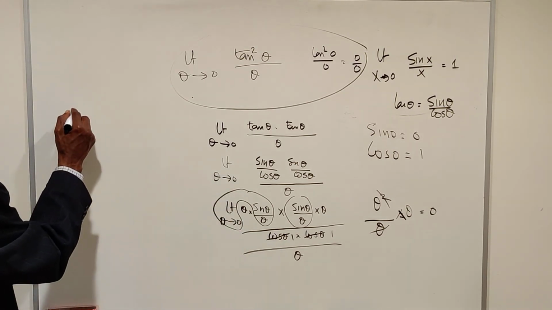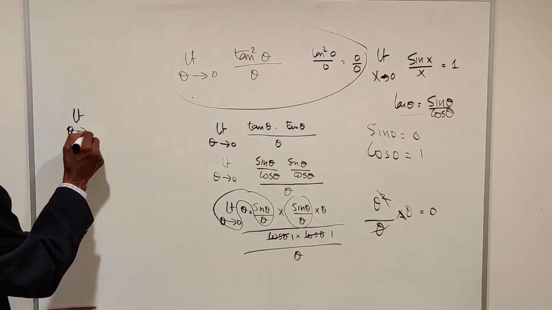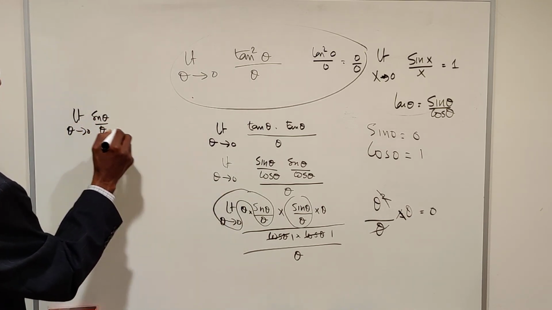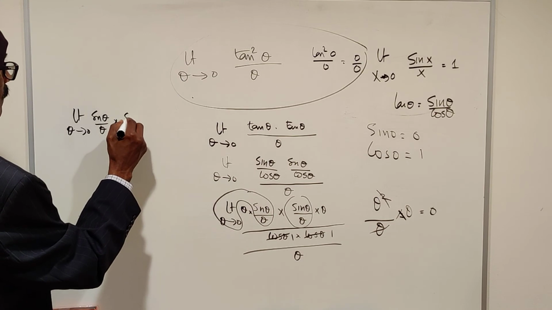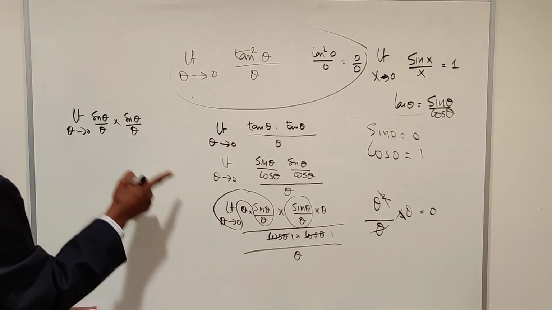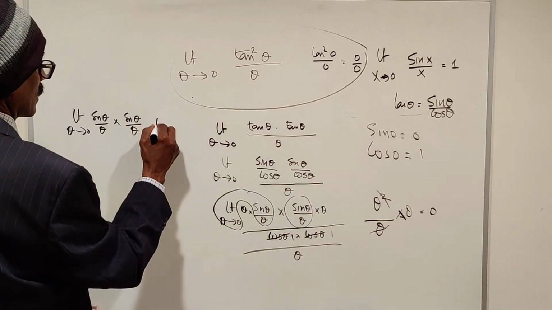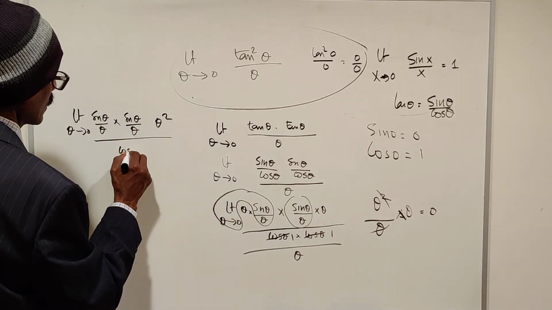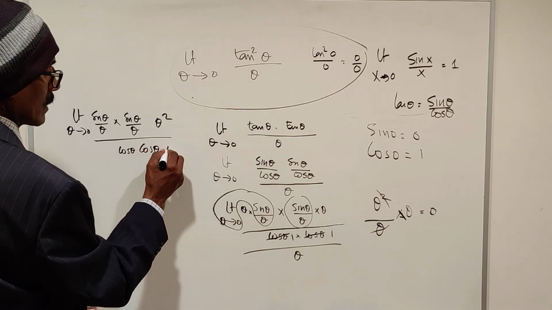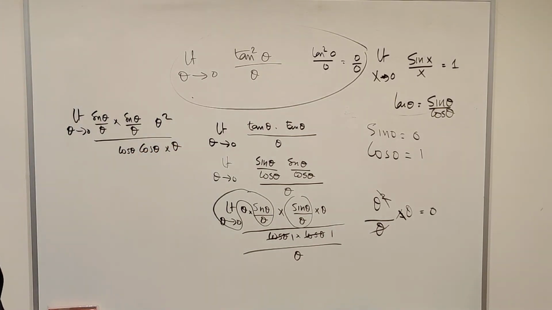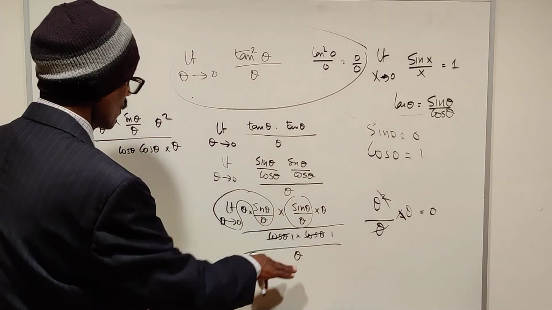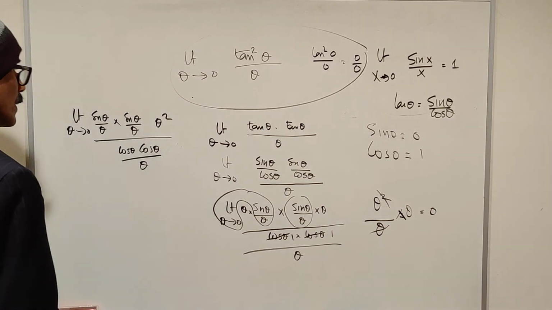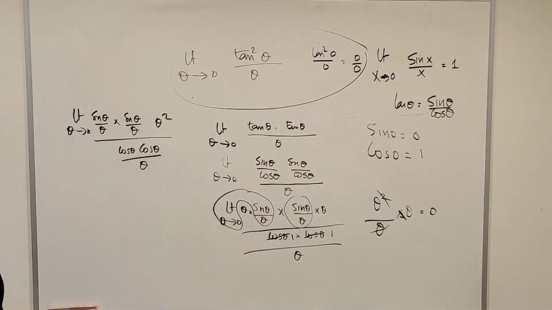After this you can write like this: limit theta tends to 0, sin theta by theta, and sin theta by theta, then theta square by cos theta, cos square theta times theta. Now this will come to the denominator, or you can write divided by theta.